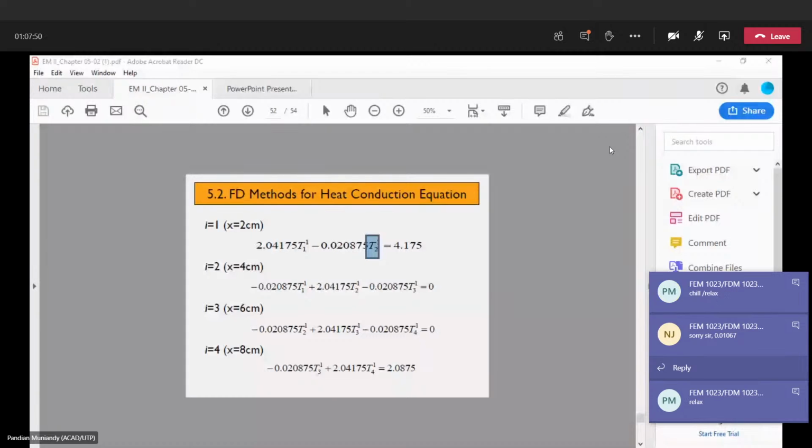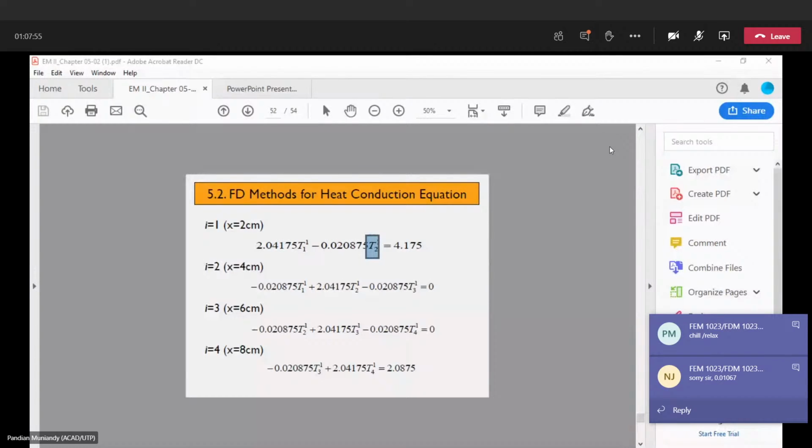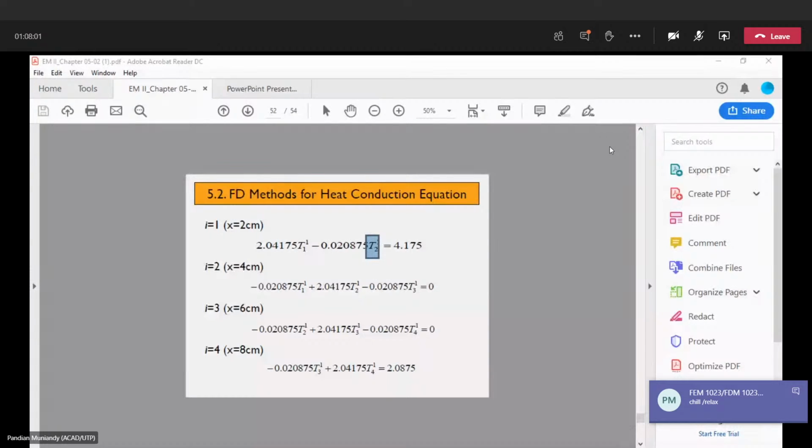So now, the last one, T14. Iteration 2, T14.